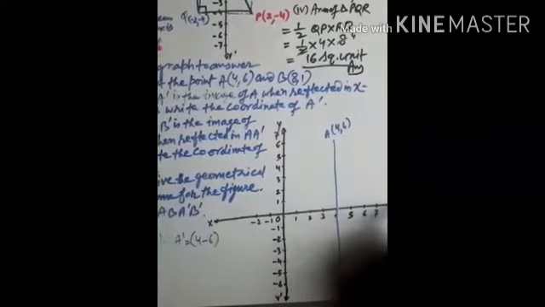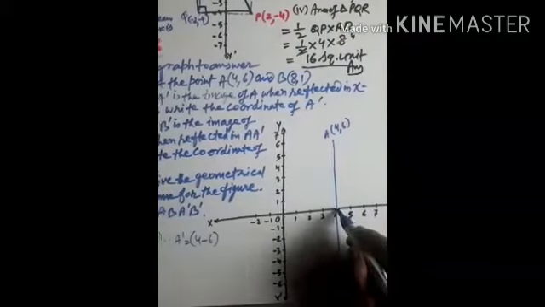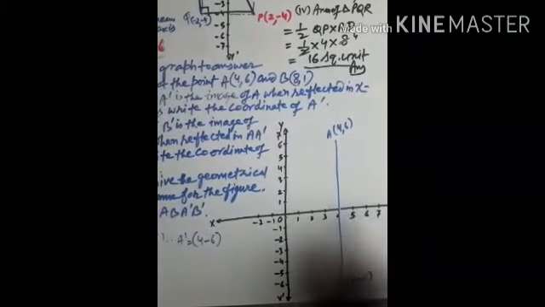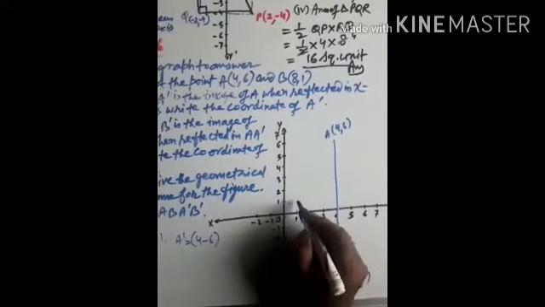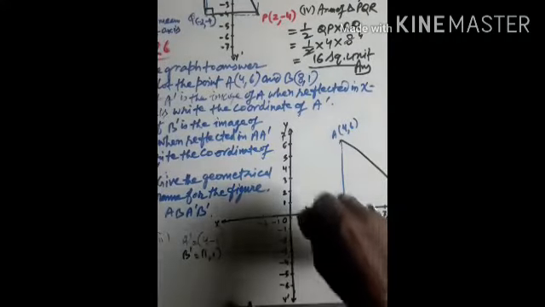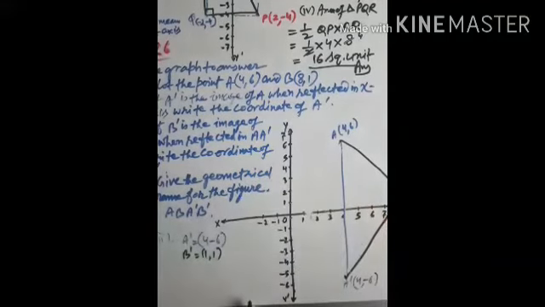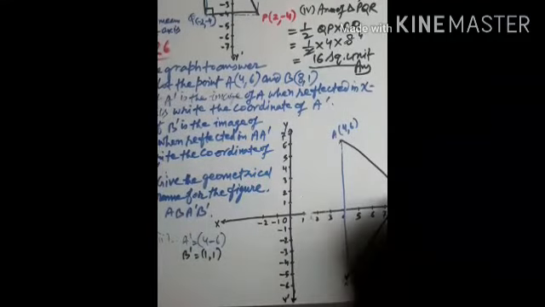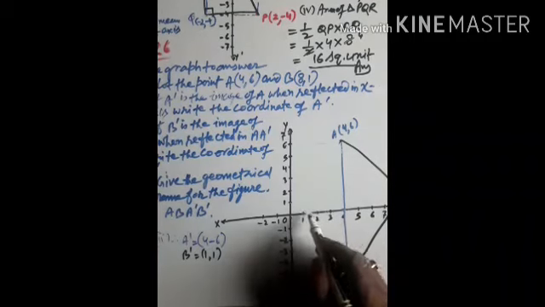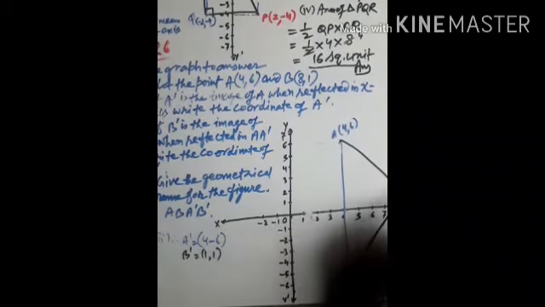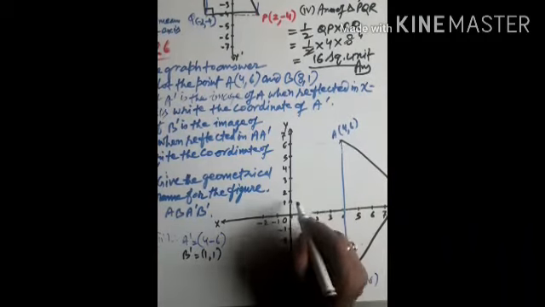So how far is B from A dash? 1, 2, 3, 4 units. So the image will form 4 units on the other side, at this point. This is B dash.